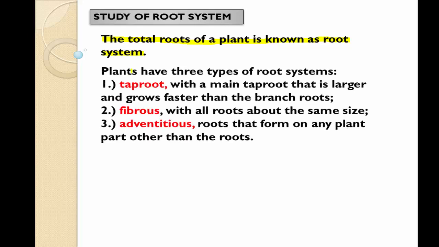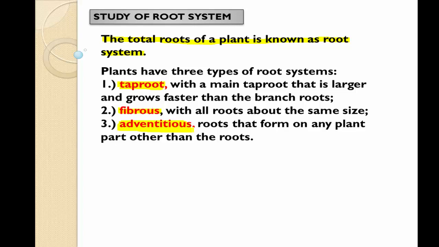In angiosperms, there are 3 types of root system. First one is taproot system, second one is fibrous root system, and third one is adventitious root system. These are the 3 types of root systems that are observed in the angiosperms.